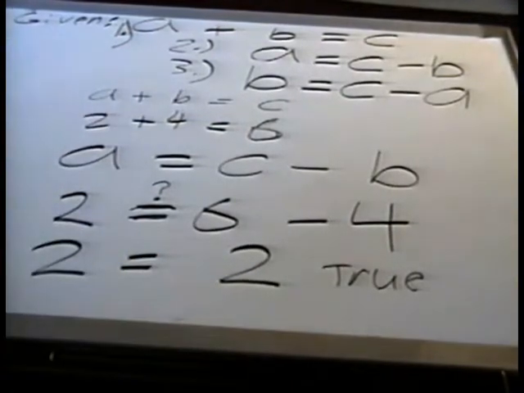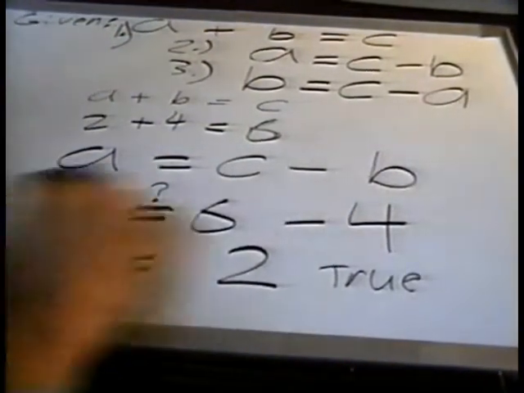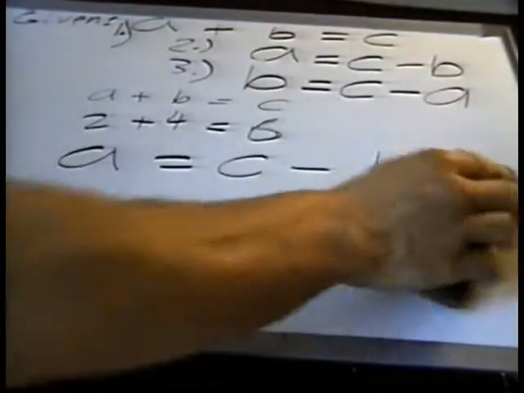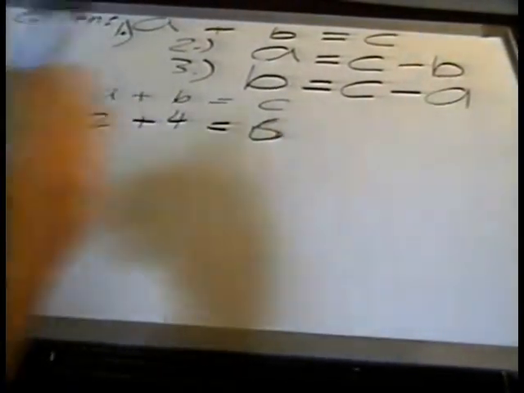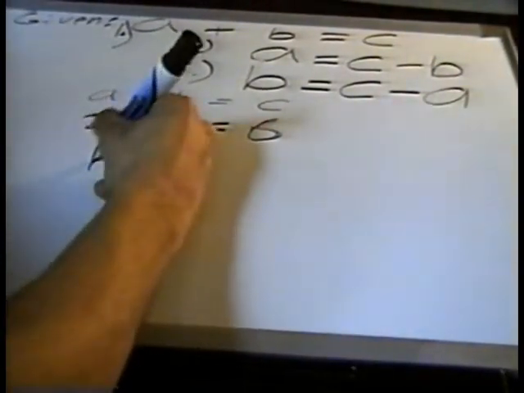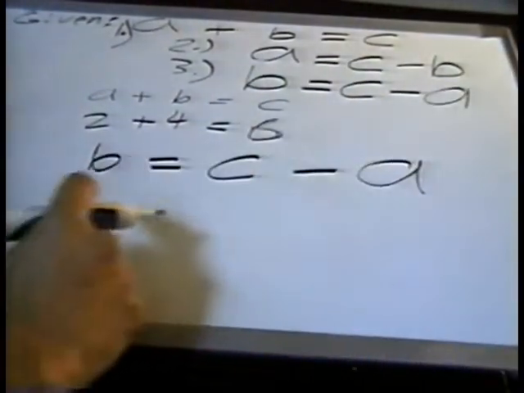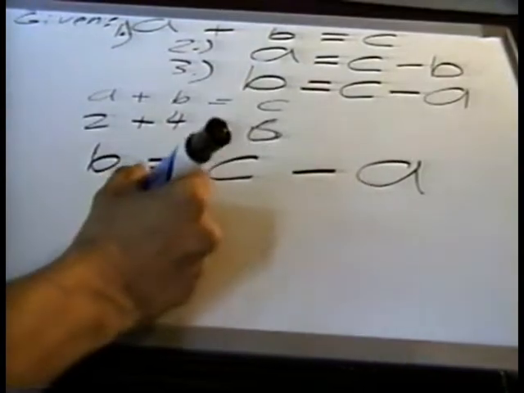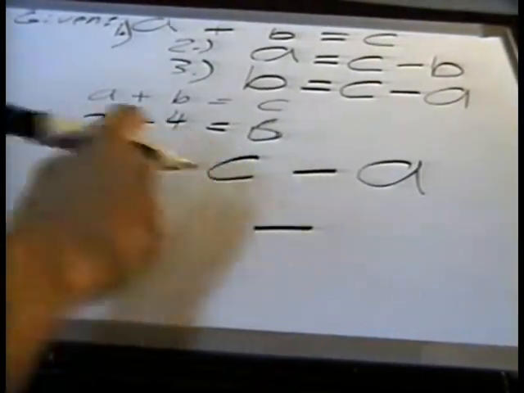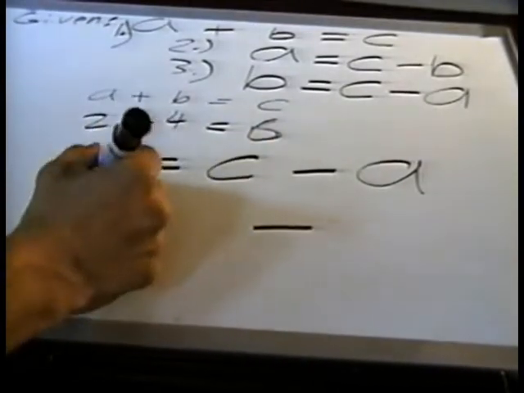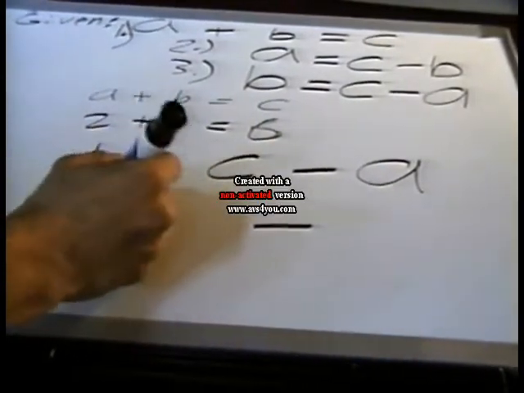So here, we have b is the difference. B is the difference between C and A.